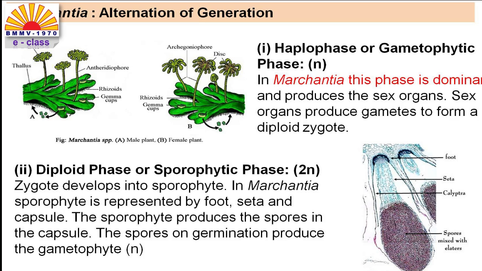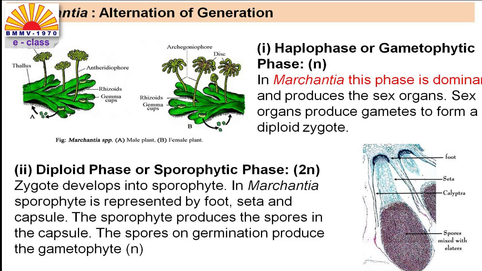In this generation, sex organs known as antheridiophore and archegoniophore are produced. Vegetative and asexual types of reproduction are also found in the gametophytic phase. Sex organs produce gametes to form a diploid zygote.